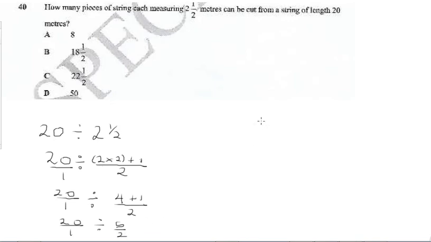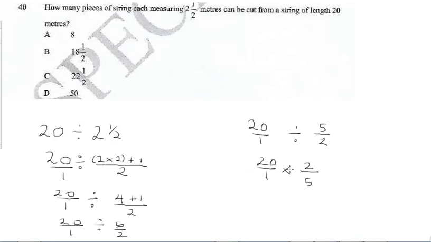So let me rewrite it here. We have 20 over 1 divided by 5 over 2. So for 20 over 1, the divide sign changes to times, and we flip the fraction, so we have 2 on top and 5 at the bottom. So we go back to that principle, opposite numbers.